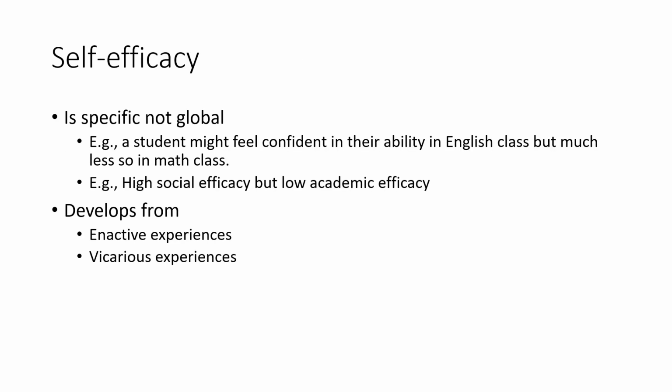Self-efficacy is specific. It's not a global disposition where you have low self-efficacy across everything. Maybe you think, oh, I know I'm really strong in English, but I'm not so strong in math. I'm really great at interacting with other people, but I stink at school. It's very specific to the task at hand.